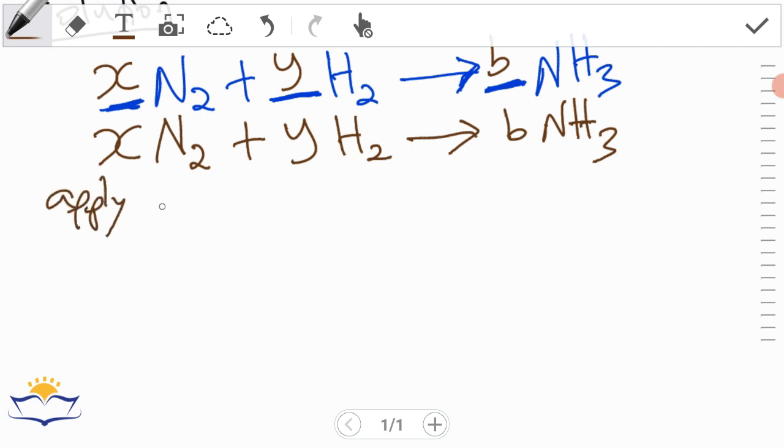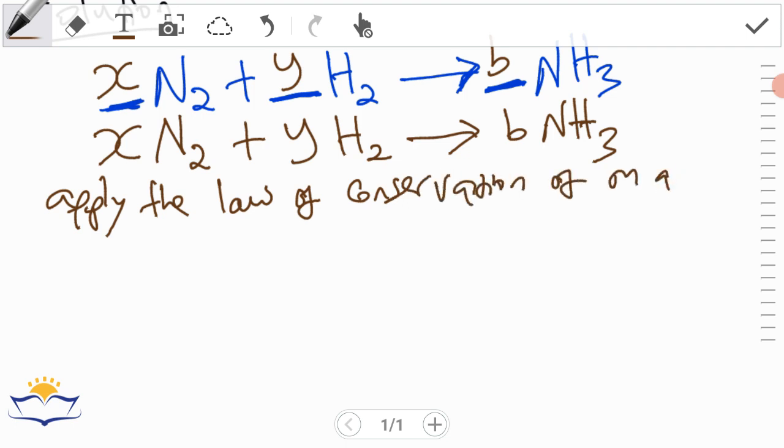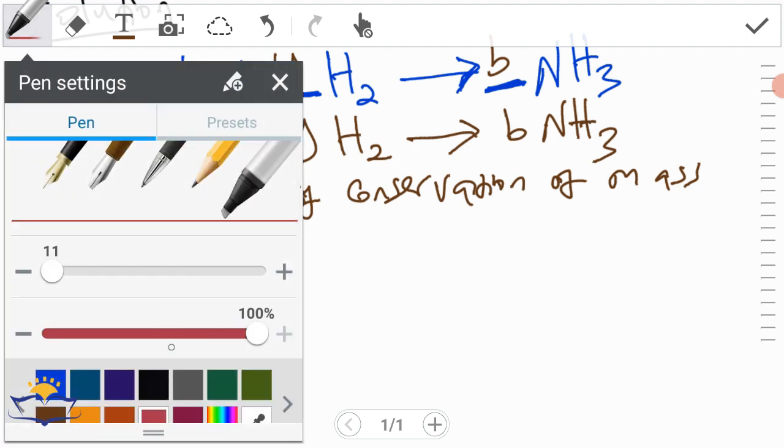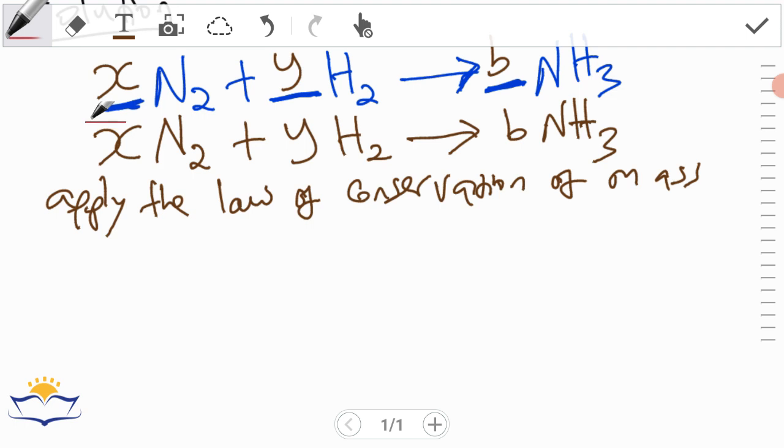Right. Next stage is kupanga apply the law of conservation of mass, or the law of conservation of matter. The law of conservation of mass ma chemical equation imaruza kuti total number of atoms on the reactant side, on the left side of the arrow, this arrow.